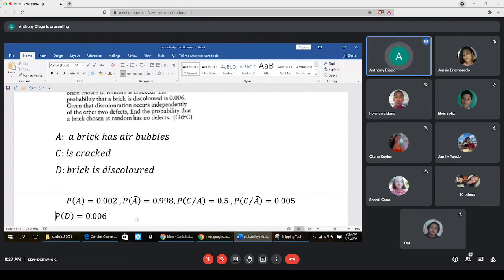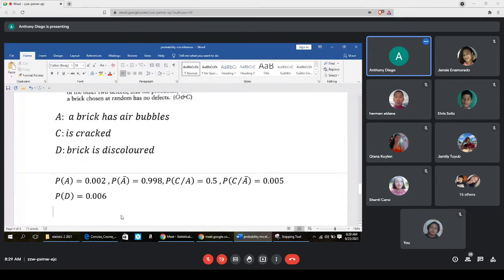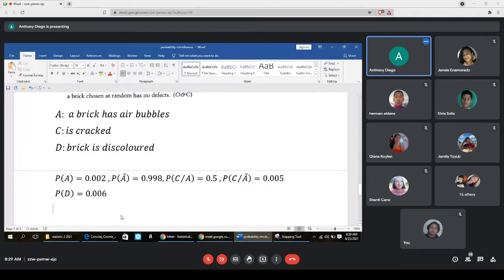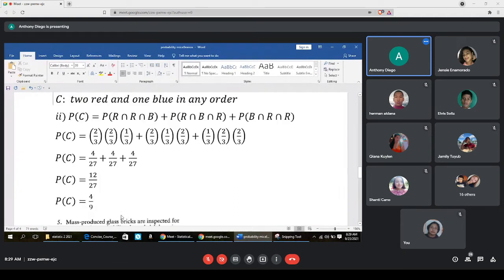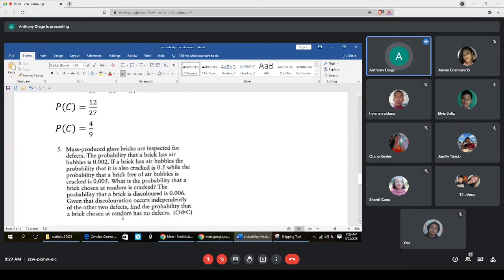Now, the first thing that the problem is asking here: what is the probability that a brick chosen at random is cracked?